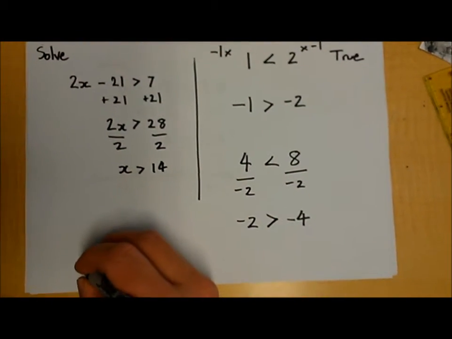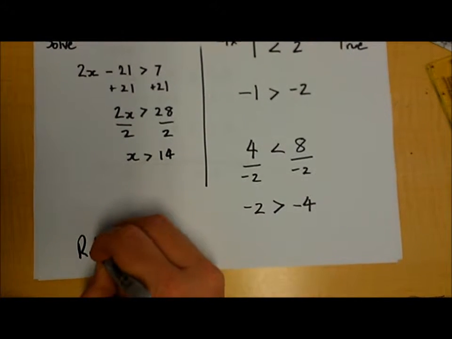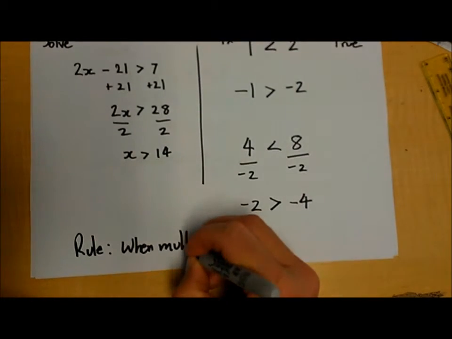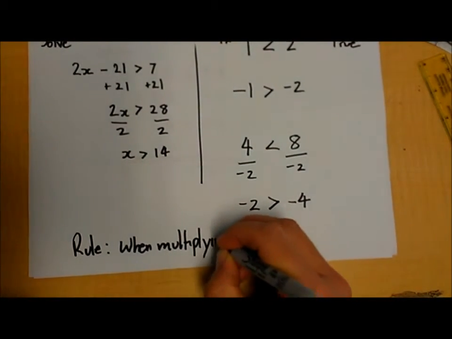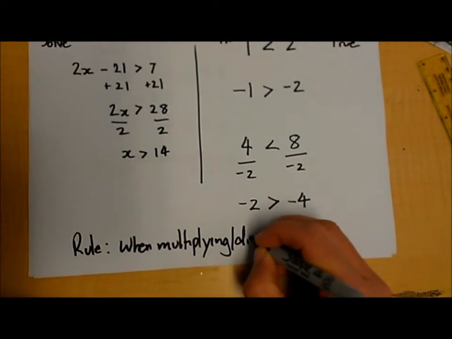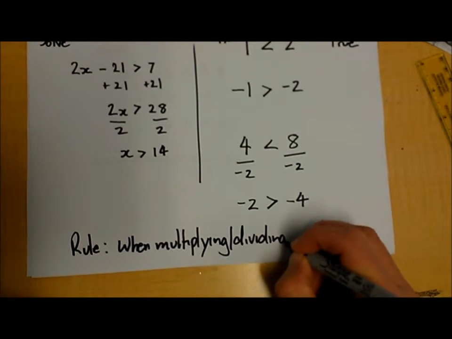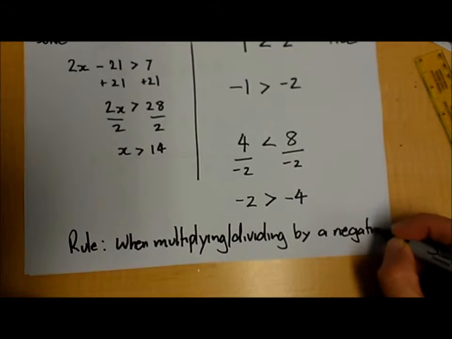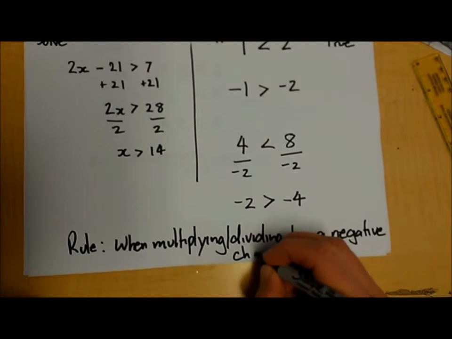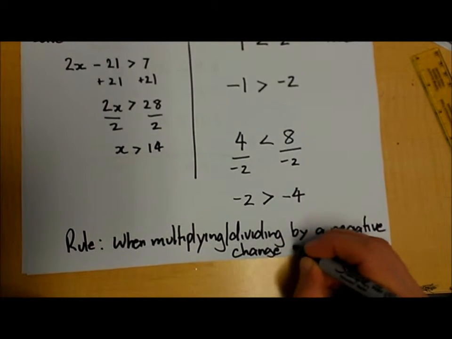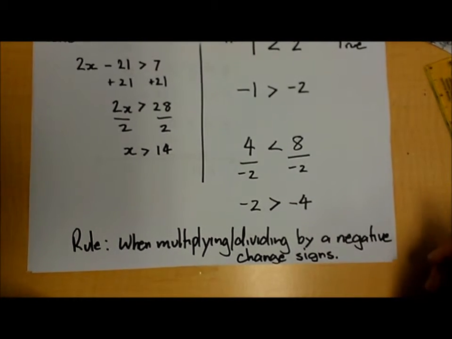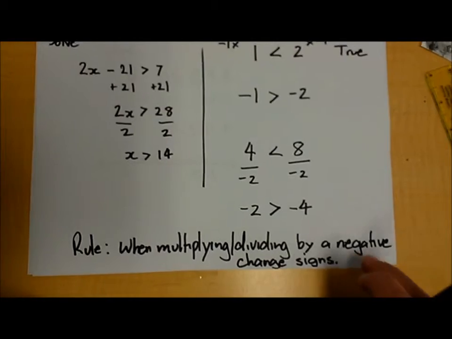So a bit of a rule for inequations is that when multiplying or dividing by a negative number, you change signs. I'll do one more example to show you how that works in practice. Make sure you have a note of this in your books.